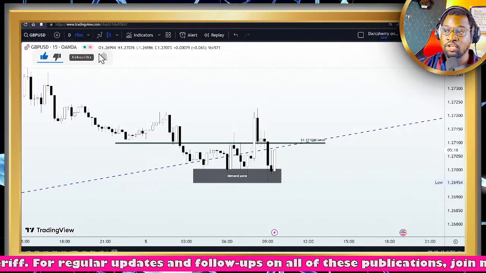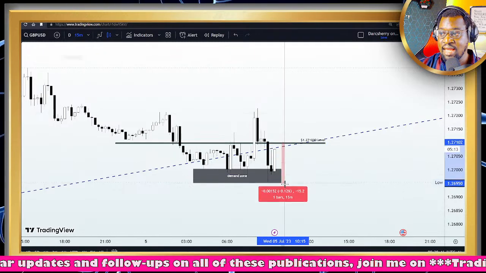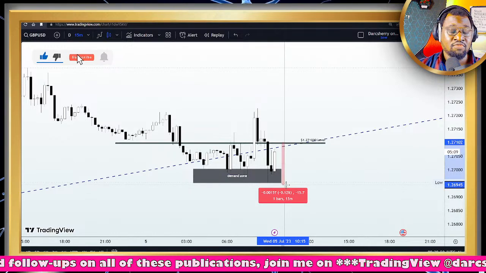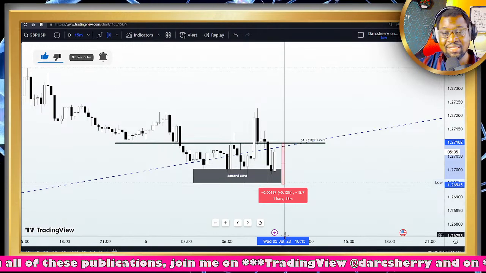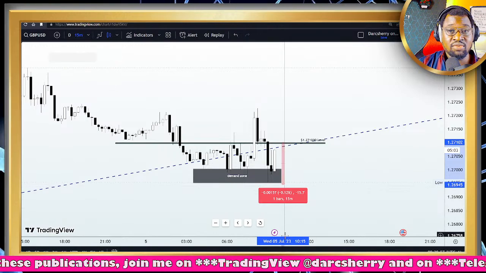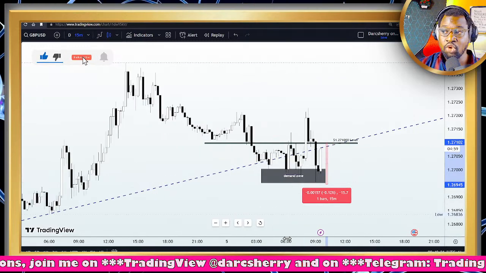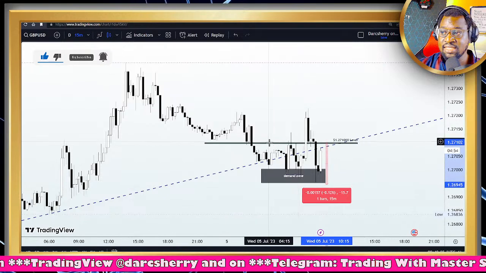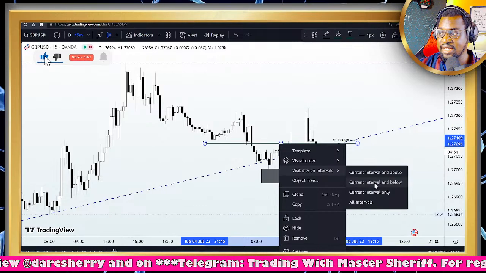So with a buy stop order above the 1.271, we would have our stop losses anywhere below the demand zone, or let's give room for price action to breathe, of course. So we should be having about 15 to 18 pips stop loss on this one, which is quite reasonable for this current position. And let's see how far this move is going to go. So on the GBPUSD, we are looking out for buying opportunities above the 1.27100 area to capitalize on this move.